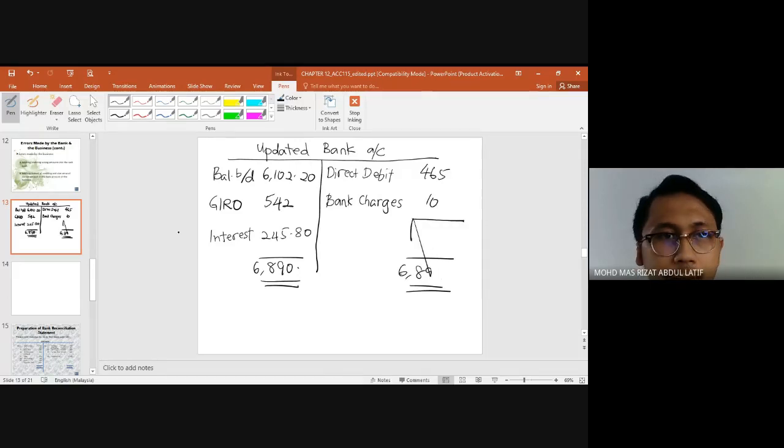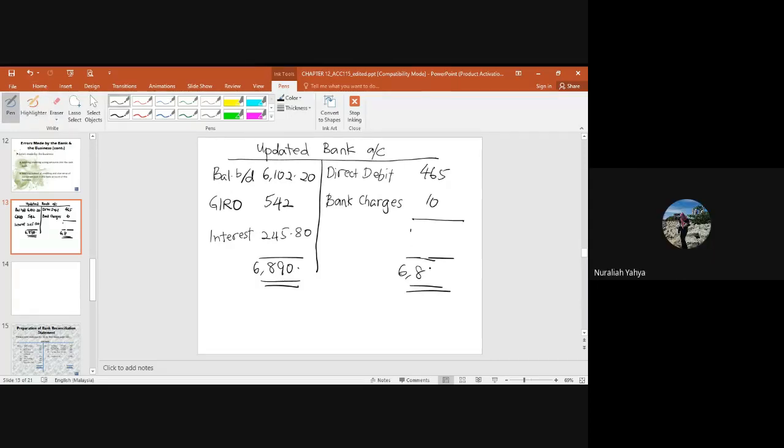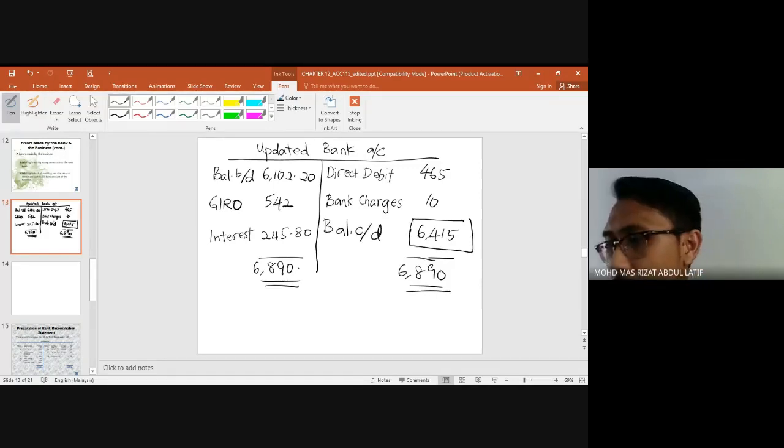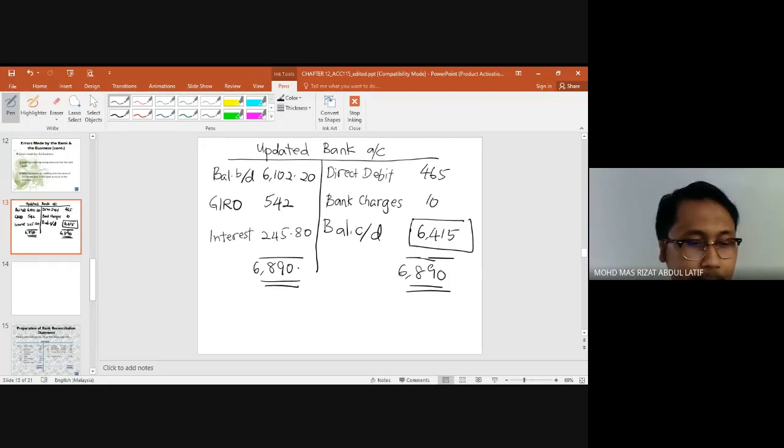Oh yeah, find the new balance. Nampak 15. Berapa? 415. Okay, so this will be the new balance CD for bank account. Okay, so that will be the first step lah.